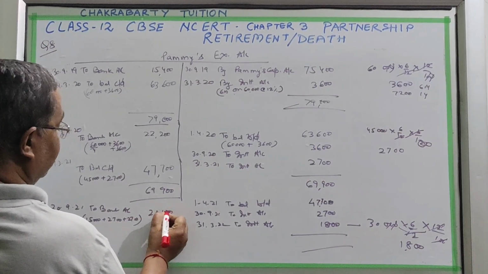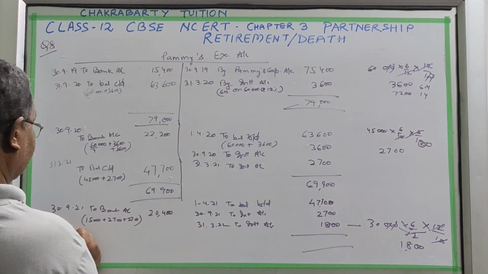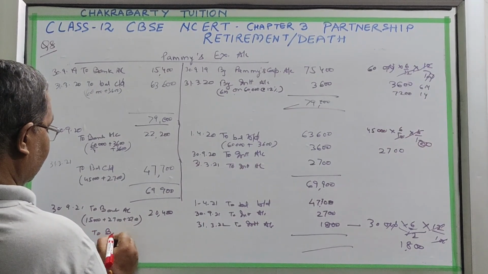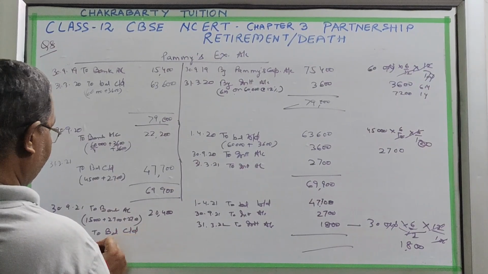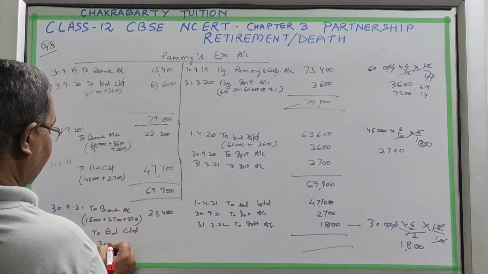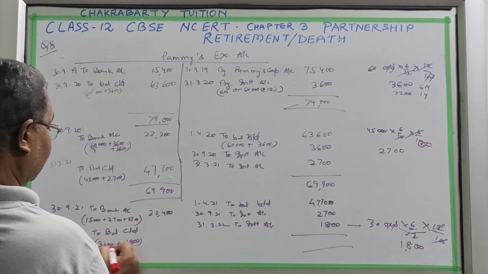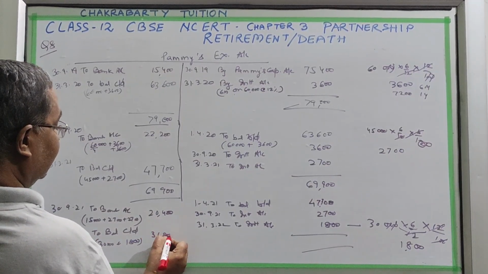So he will be paid, and on 31/3/22 his balance, to balance carried down, will be 30,000 plus 1,800, so 31,800 it should come.